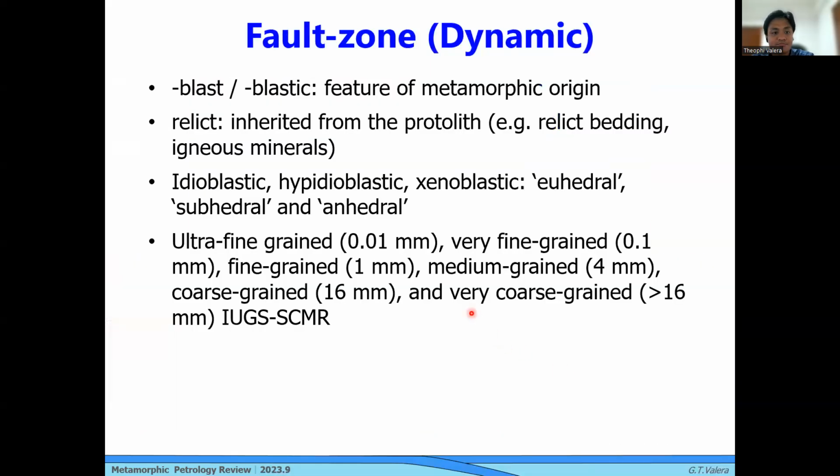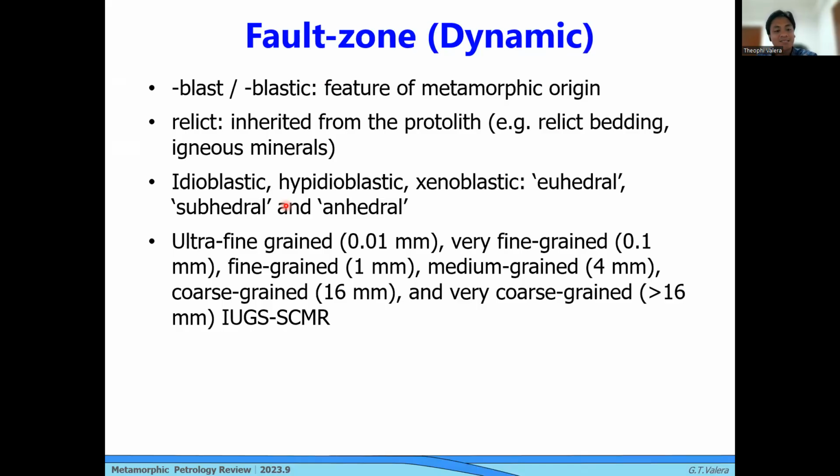Yeah. So when we talk of fault zone or dynamic metamorphism, blast or blastic refers to a feature that is metamorphic in origin. Usually, pag sinabi natin blast or blastic, newly grown texture or newly grown mineral siya. So porphyroblast is a newly grown mineral.